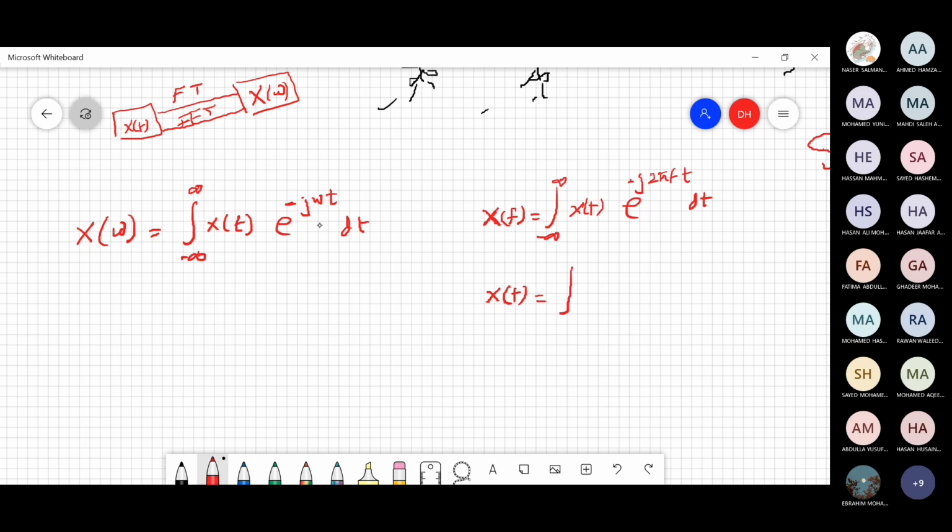Again, it is equal to integration from minus infinity to plus infinity, where x of f is given, e to the power of plus j 2 pi f t df. So it is with respect to f here.